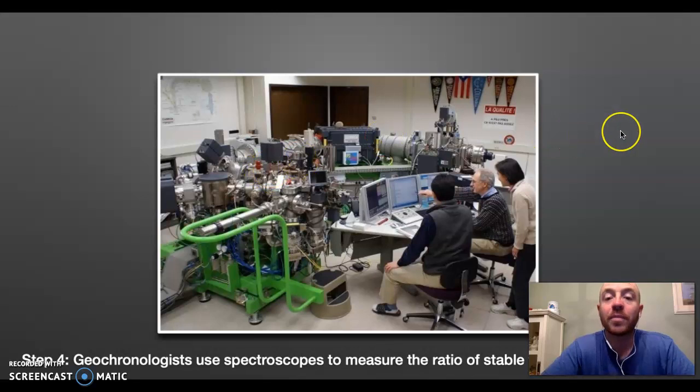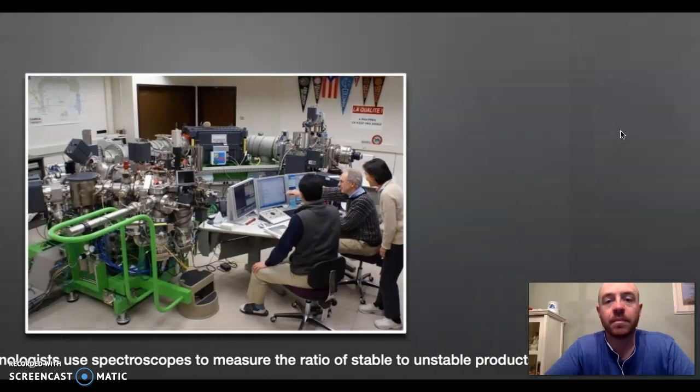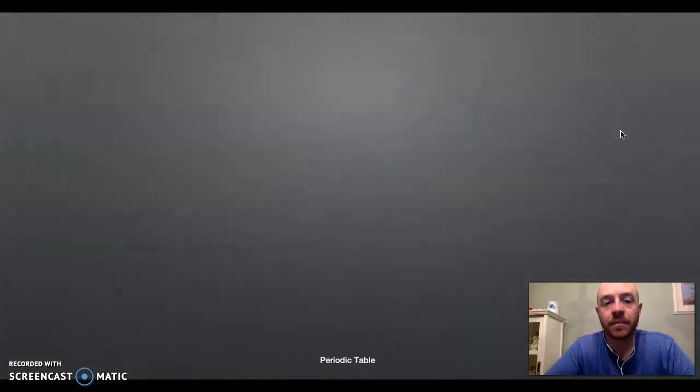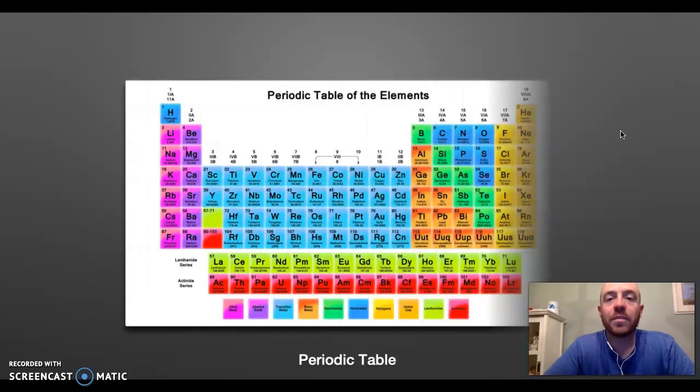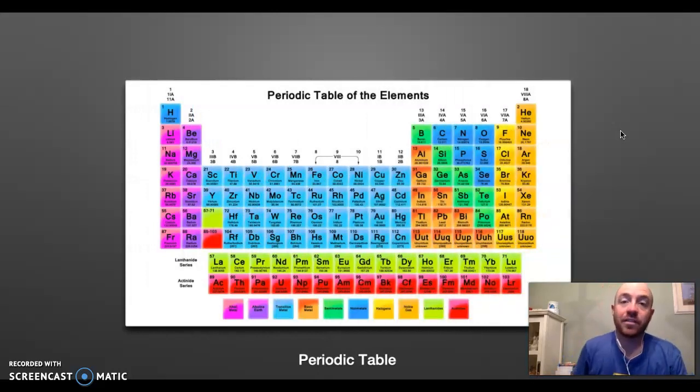A spectroscope just looks at what wavelengths are being emitted off of that substance. They're actually pretty neat. They're very, very complicated. You can get them much smaller. I used smaller ones when I was in college. Okay, so those are the steps that geologists will do.